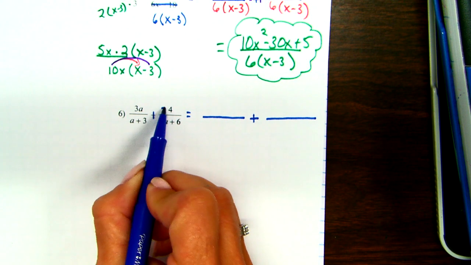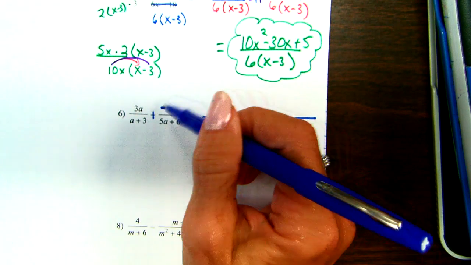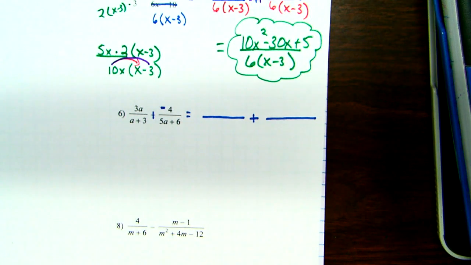But then the negative goes to the 4. By doing that, you're not going to forget that, because in a minute you're going to have to distribute, you're not going to forget to distribute the negative, okay? Why didn't it matter on the first problem we did? Because there was no distributing, so whatever was in our numerator was just going to be negative no matter what. You didn't have to apply it to anything.